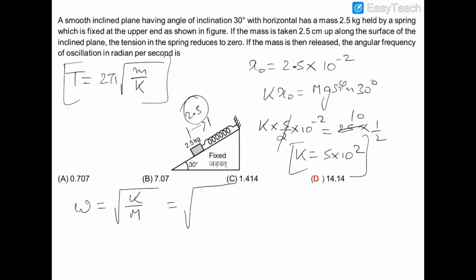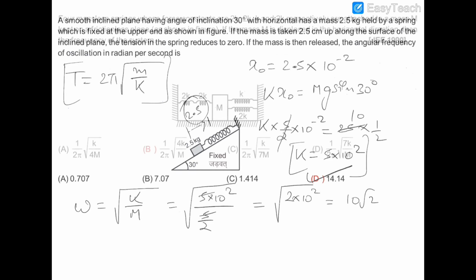Now k is equal to 5 into 10 raised to power 2 and m is equal to 5 by 2. So this is under root of 2 into 10 raised to power 2, which is 10 root 2. So it is 14.14. So the correct answer is option number D. Now we move on to the next question.